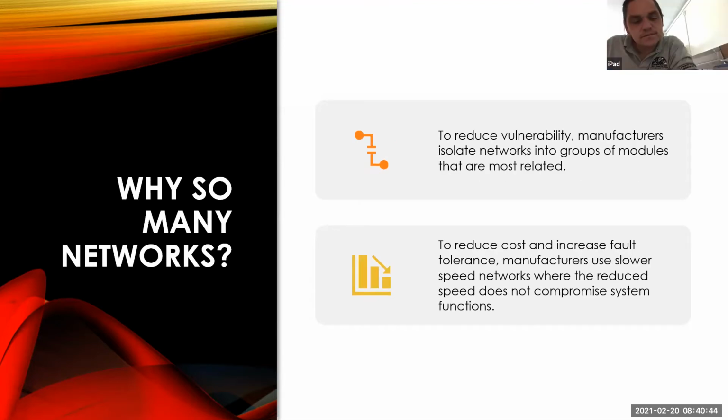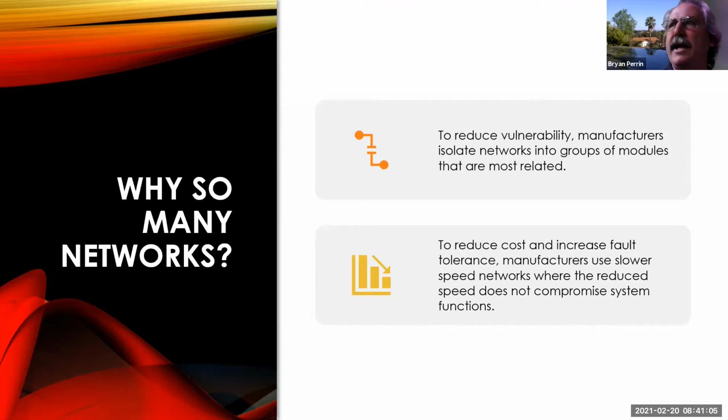So why so many networks? To reduce vulnerability, manufacturers have isolated networks into groups of modules that are most related. Sometimes I don't know where they think they're related, but to reduce cost and increase fault tolerance, manufacturers use slower speed networks where reduced speed does not compromise system functions.